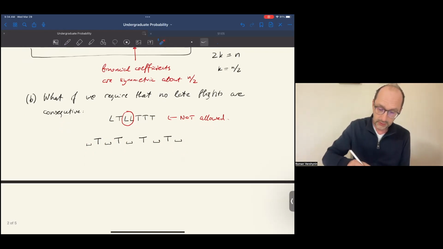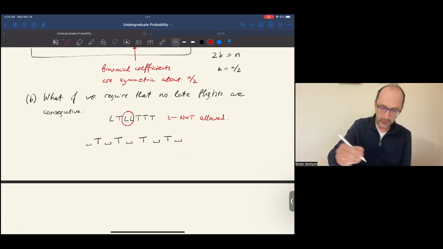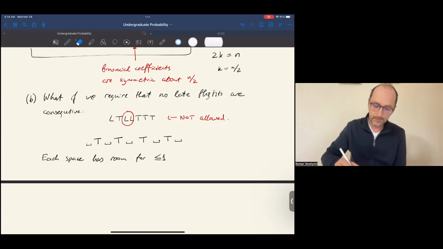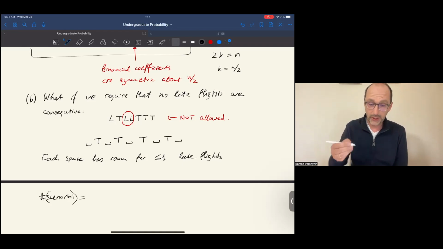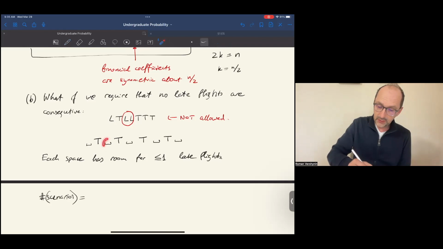For instance, a situation like this is possible. Late, late, late. Let's write this down. So each space has room for at most 1, 0 or 1 late flight. And so how many scenarios are then possible? Each scenario is just a way to choose the 3 spaces and put the late flights in them.